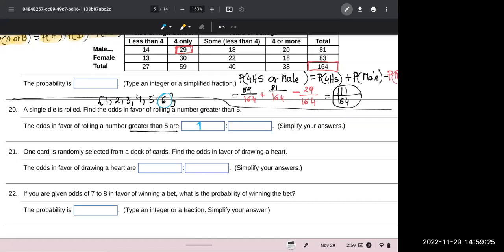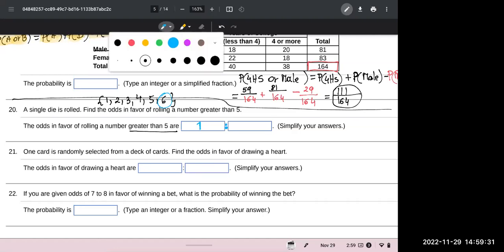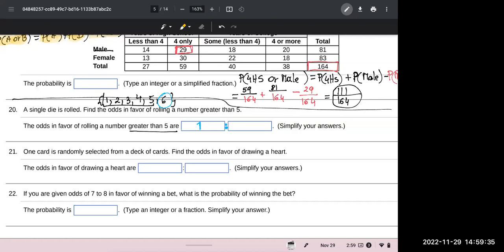So the odds in favor of rolling a number greater than 5 is 1 to 2... so you read that as 1 to the rest of the numbers. So the remaining numbers are less than or equal to 5. So I have 1, 2, 3, 4, 5. 5 remaining numbers. Again, it's only one number greater than 5.